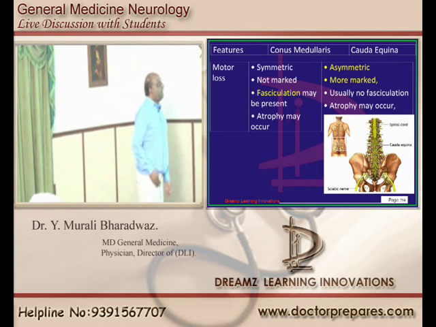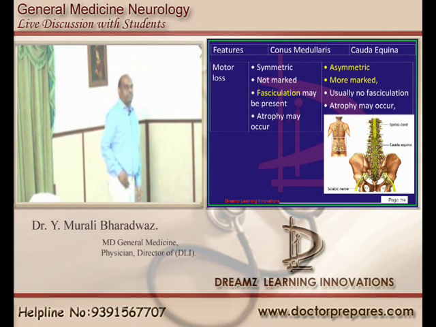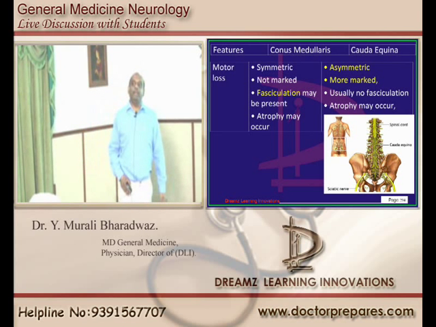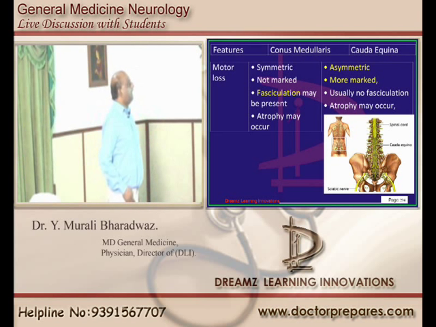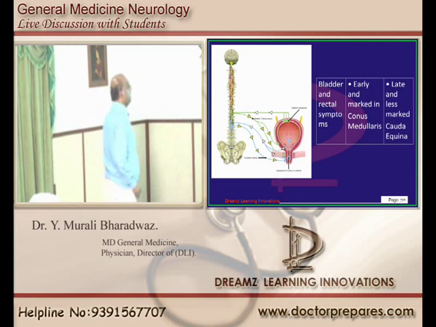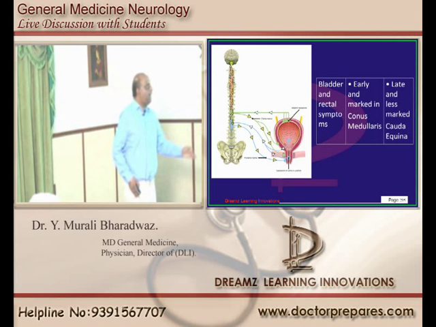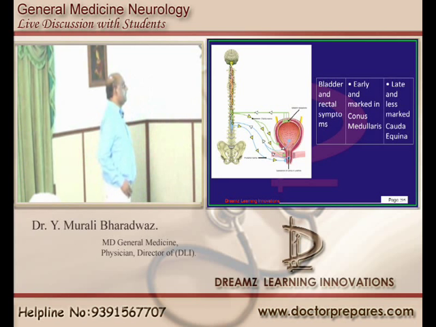Then motor loss is similarly symmetric in conus. Atrophy may be there. When will it be there? If the anterior horn part of it is involved. And motor loss is much more marked in cauda equina because the radicals which are carrying the motor fibers are basically involved. Then bladder involvement is more early and marked in conus but late and less marked in cauda equina, understandable.